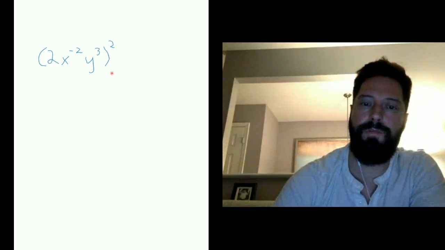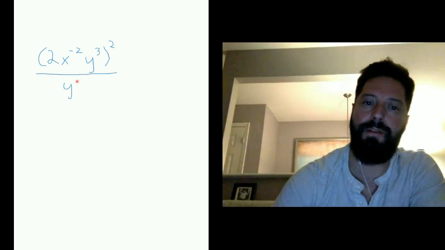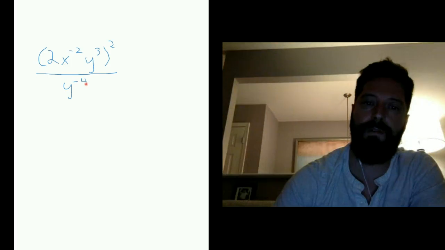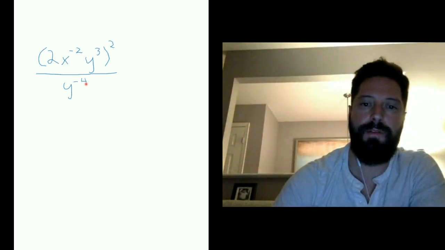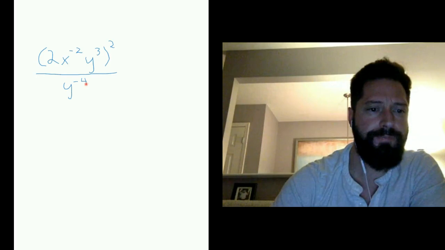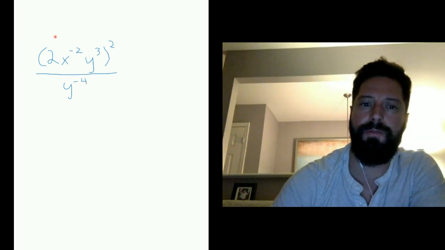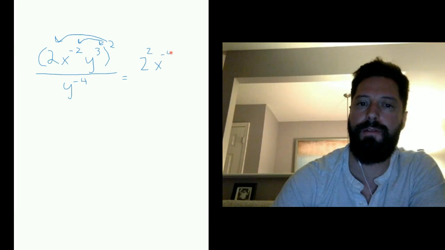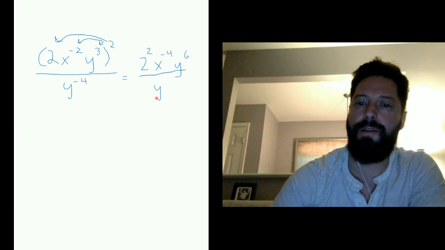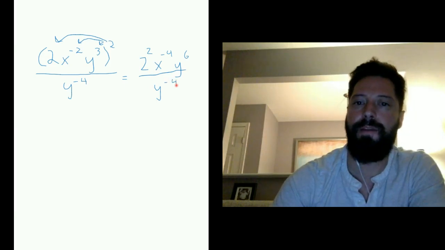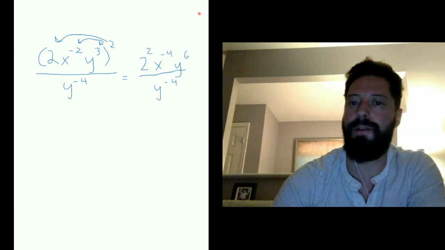What you're going to do is distribute this through first, which gives us 2 to the second, x to the negative fourth, y to the sixth, over y to the negative fourth. At this point, we pick either the numerator or the denominator, and we decide to move anything that has a negative exponent from either the numerator to the denominator.